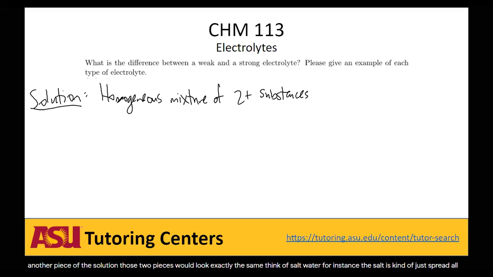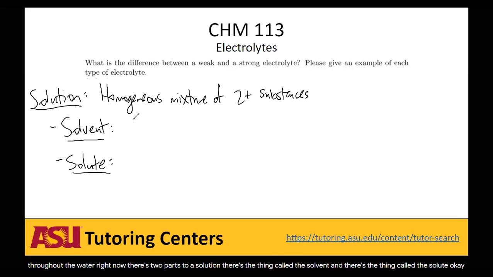Now there are two parts to a solution. There's the solvent, and there's the solute. The solvent is the thing that's in a greater quantity. It's the thing that does the dissolving.